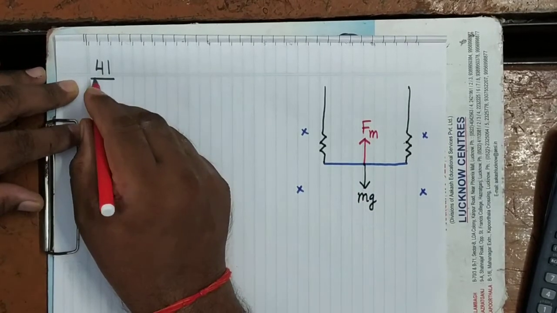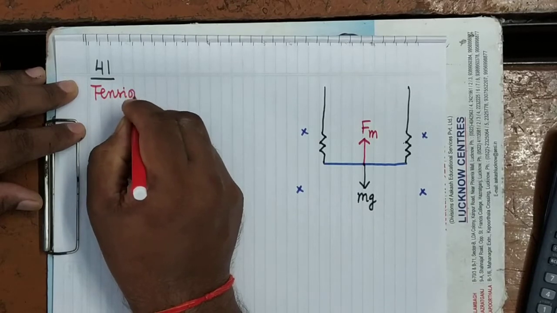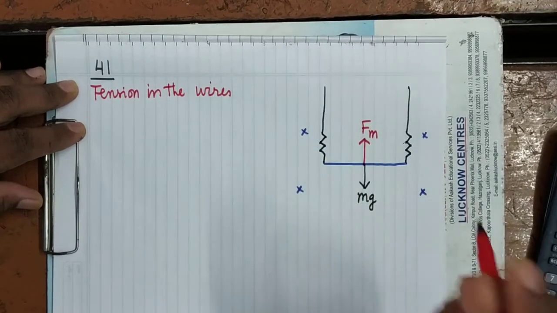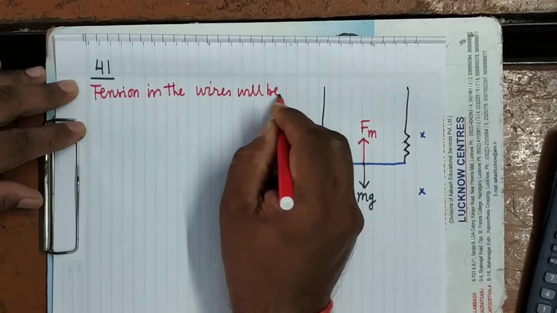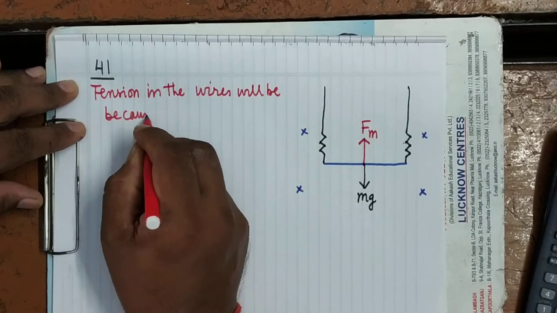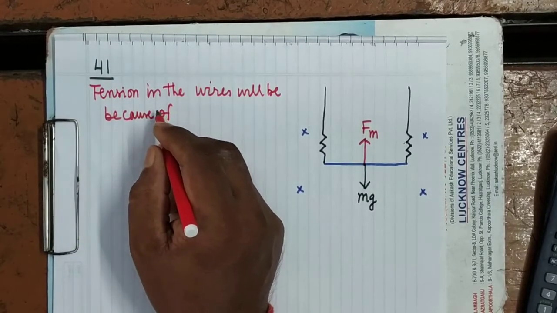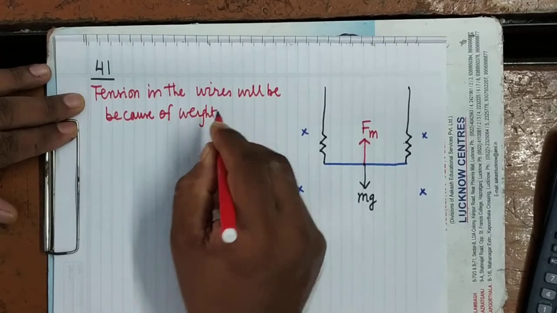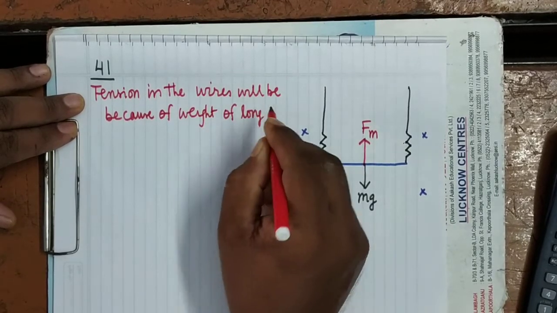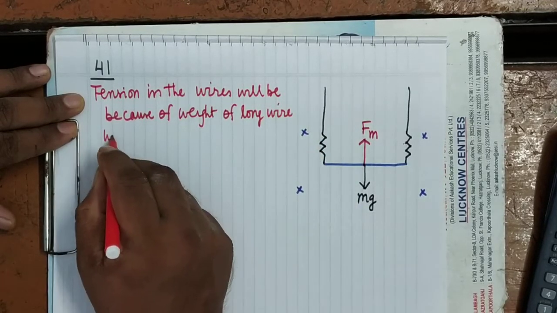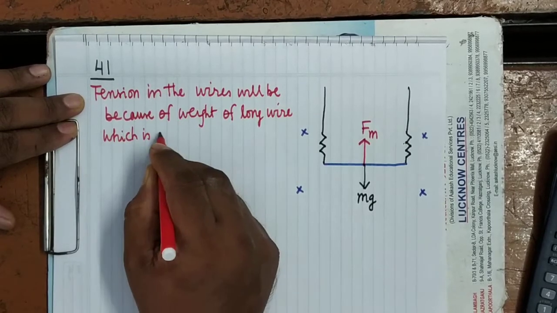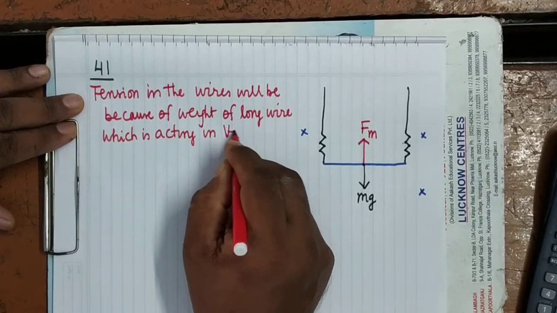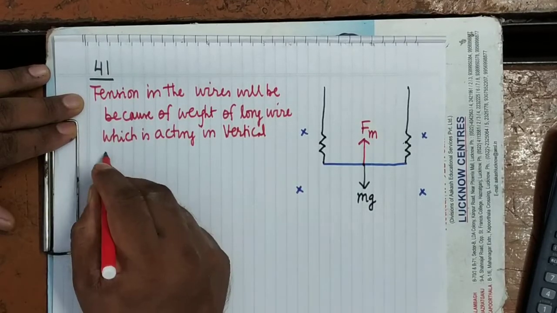So I am writing here, tension in the wires will be because of the weight of the long wire, which is acting in vertical downward direction.